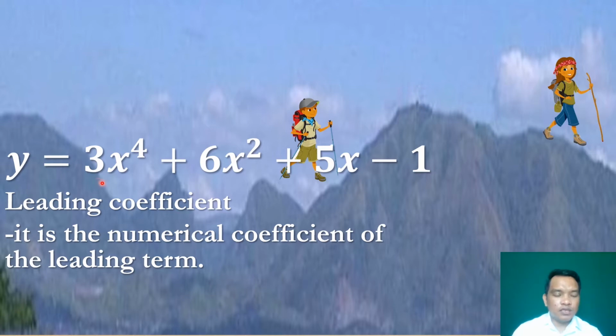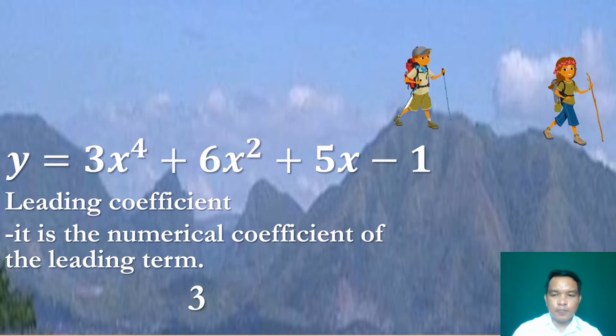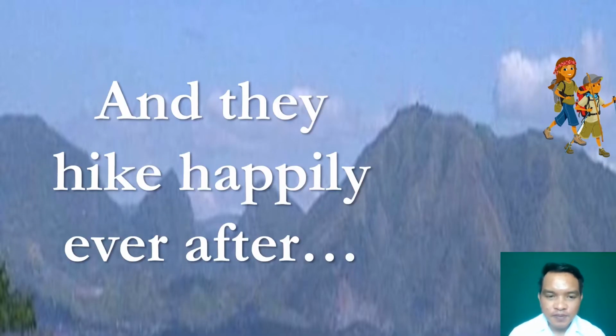What is the leading coefficient? Correct, it is 3. Ayan. Nakasama na ni Bernard si Mary Micaela. And they hike happily ever after.